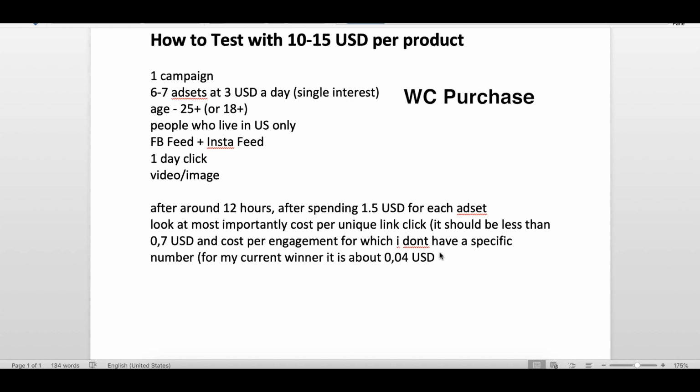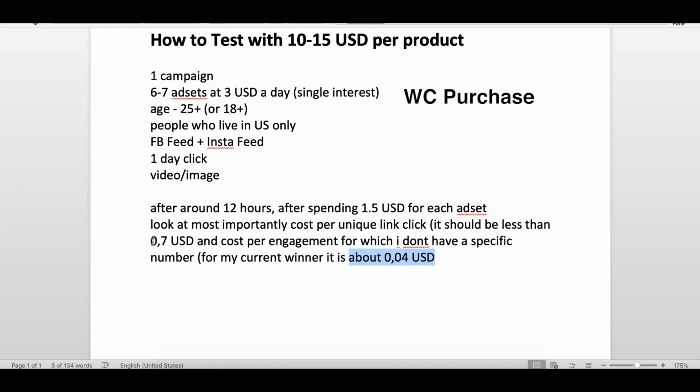I'm thinking if I have covered everything, guys. But yeah, like I said before, if after 12 hours most of the ad sets don't meet these criteria, then you should kill it. If it meets the criteria halfway, you can leave it another day.